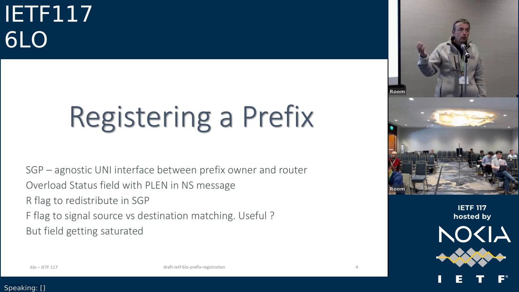Because if I have my phone, which has a service provider prefix, and I want to connect it to my home network, and basically, if my ISP wired connection dies, I just want my whole network to be able to use the prefix from my phone. Well, if this feature is available, my phone basically registers to the routers in my home the prefix that my service provider gave me on that phone, and the routers know now that every packet sourced at that must be given to me so I can send it on my phone.